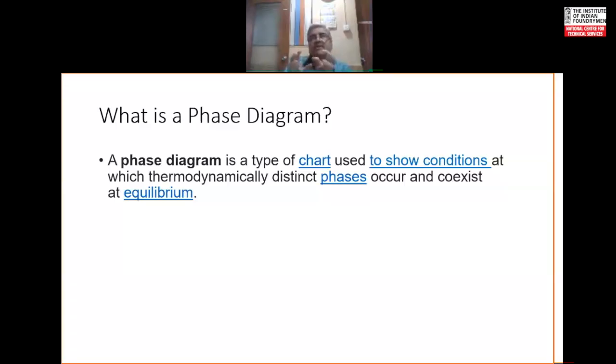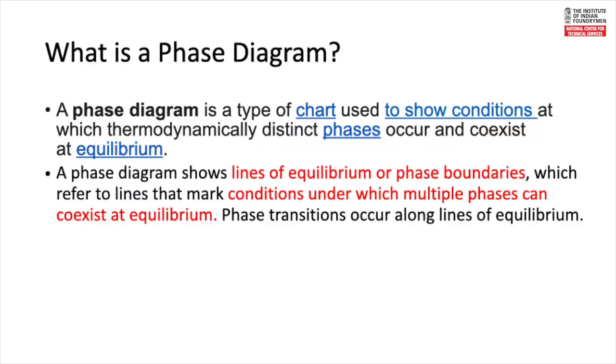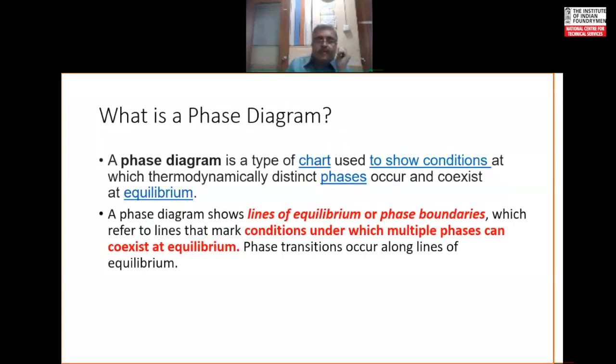Phase is a region or space in which the material has got uniform properties. That's what we mean by phase. Now, a typical phase diagram will have lines of equilibrium or phase boundaries, and these will be shown in the diagram which follows this slide.